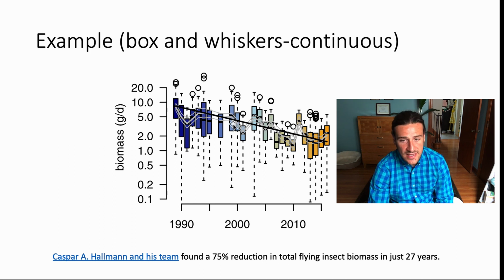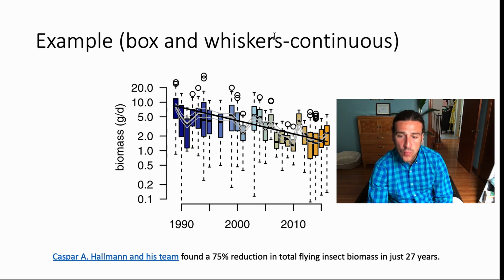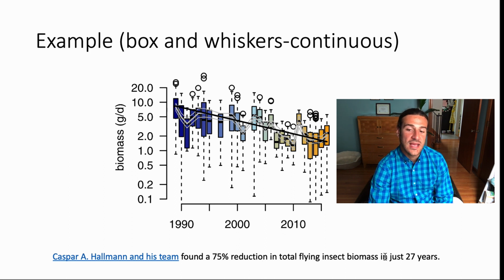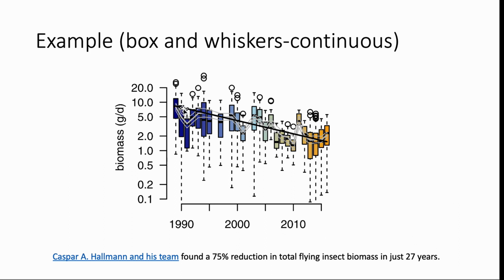And you can see this negative line, this negative slope. Now, another really important thing about this figure: I explained that there's been a 75% reduction in total flying insect biomass across Germany in just 27 years. This doesn't look that negative. I mean, when you see 75% reduction, you would think the line would be super negative, right?